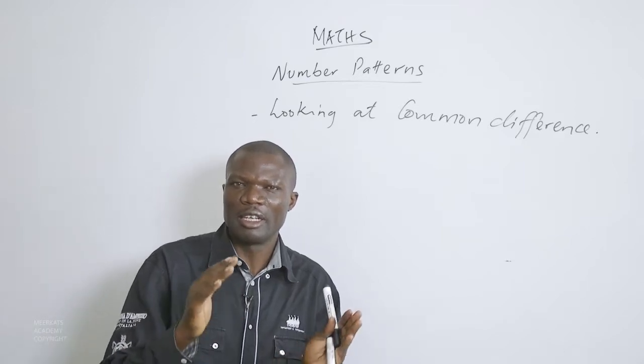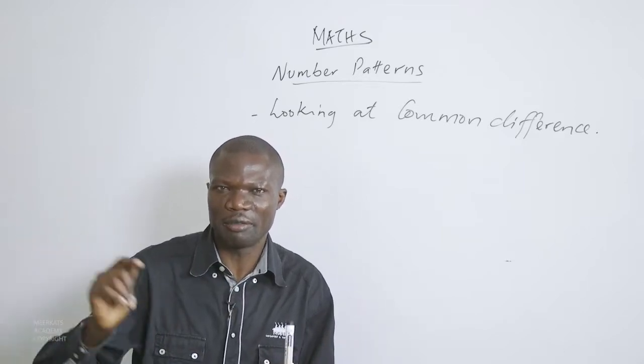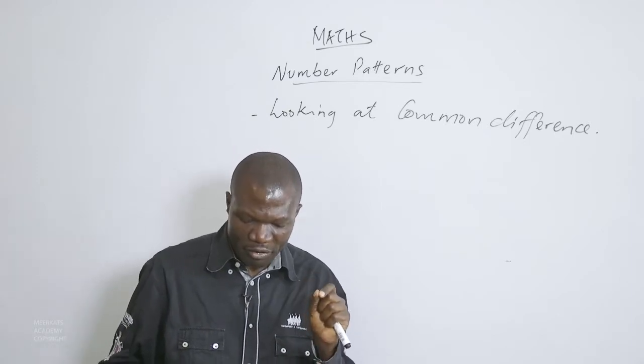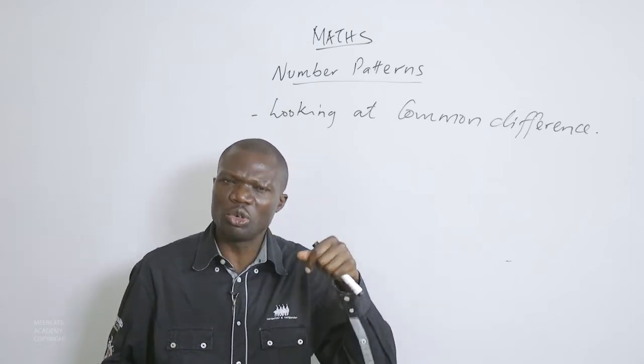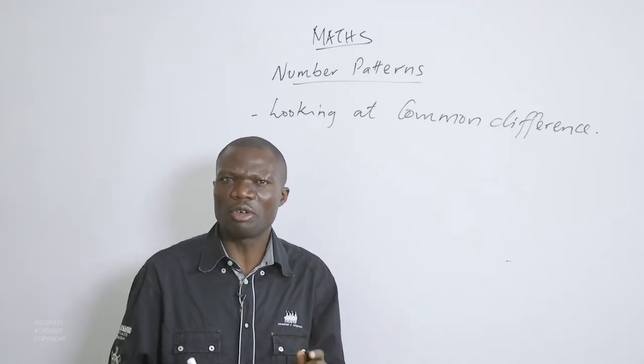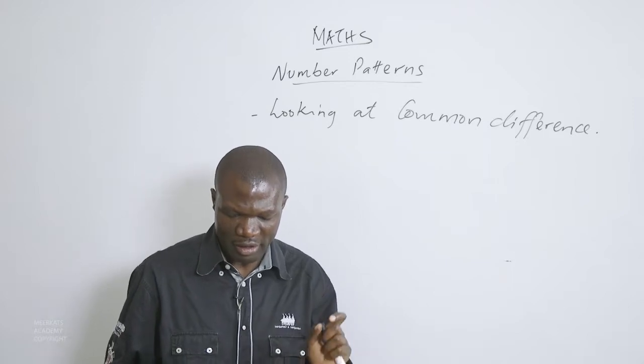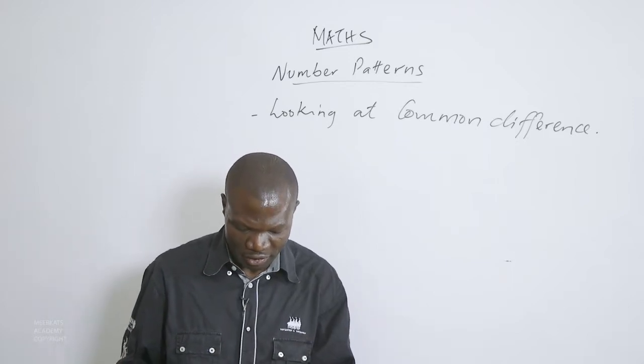That means that there is a common difference, and that's why we are saying that we can come up with the next term or identify a sequence of numbers by looking at the common difference.